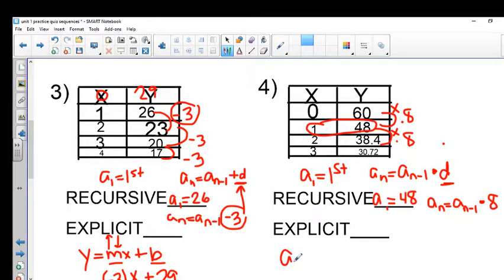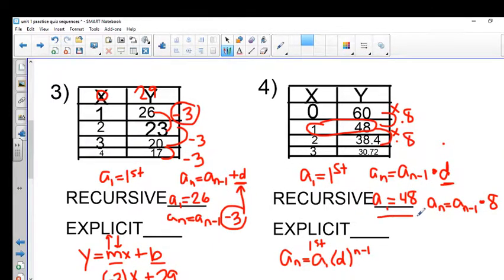So for our explicit form, we use A_N equals your A_1 term, which is your first term, times your D, and then you do your N minus 1. And with this one, we had all our information already given, because all we had to do was use it from here.